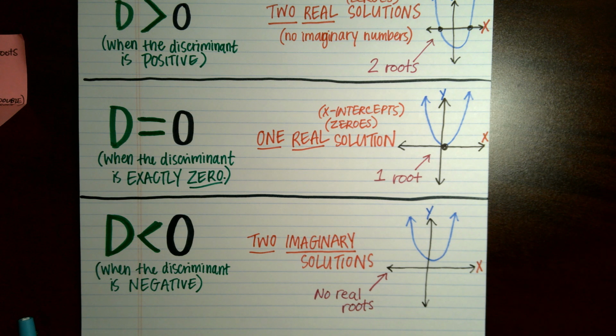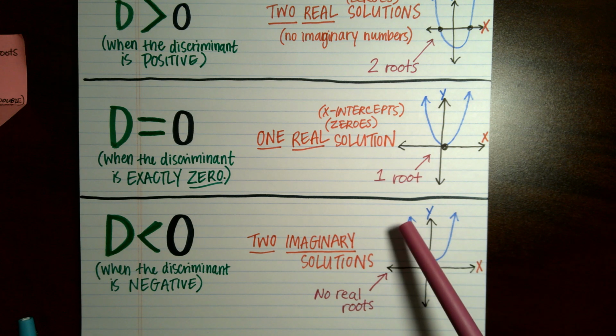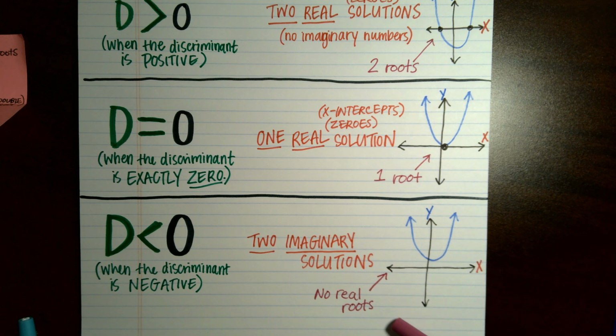And you said that's when the parabola is not touching the x line. Yes. Whenever our discriminant is a negative number, we have no x-intercepts. You're not going to touch the x-axis at all. It'll be floating above, or I believe it could also be floating below it.